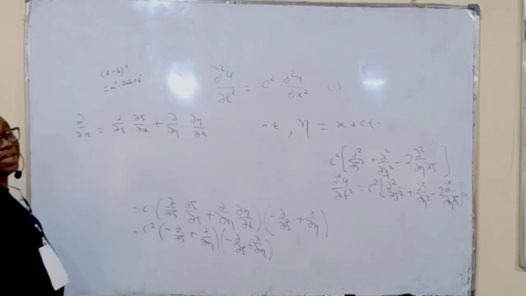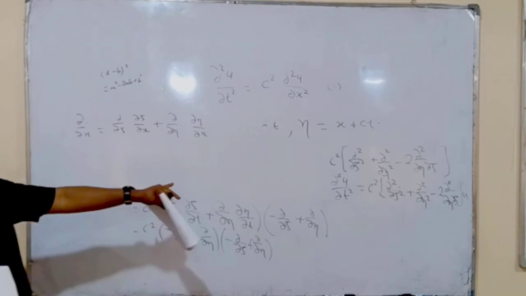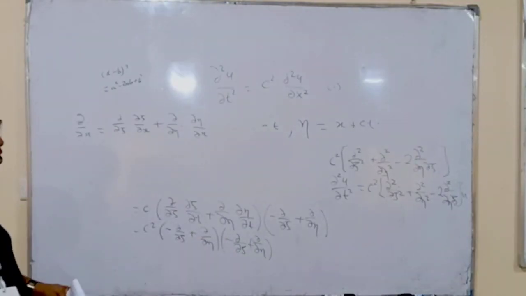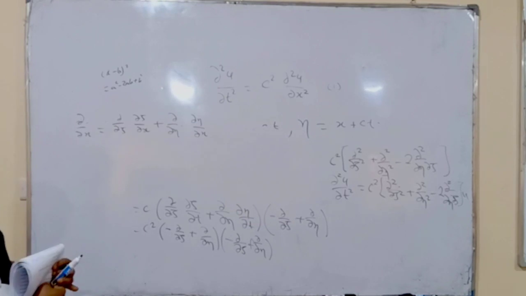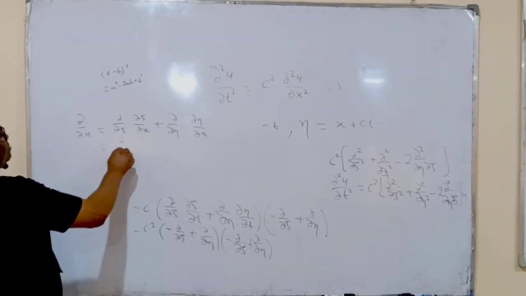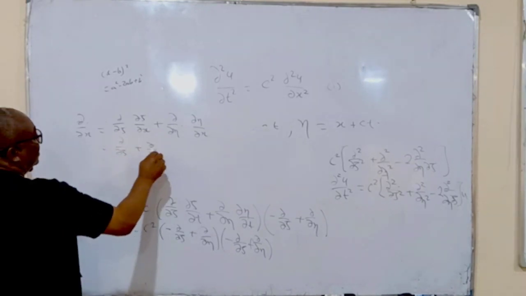This one looks a little bit simple because we are not going to have a c. There you will pick 1, because the differentiation of this will give you 1. The other one with respect to x will also give you 1. So that actually gives us partial by partial ξ plus partial by partial η.